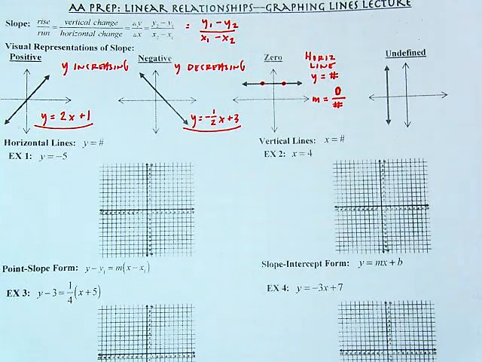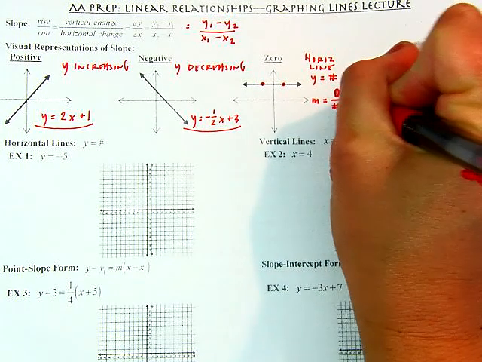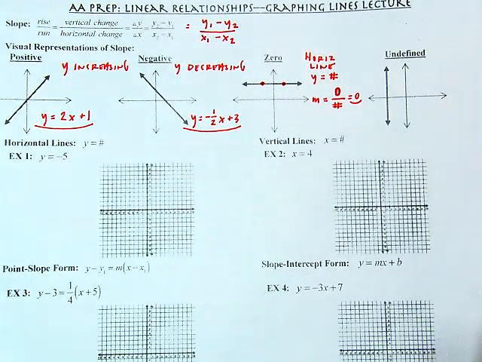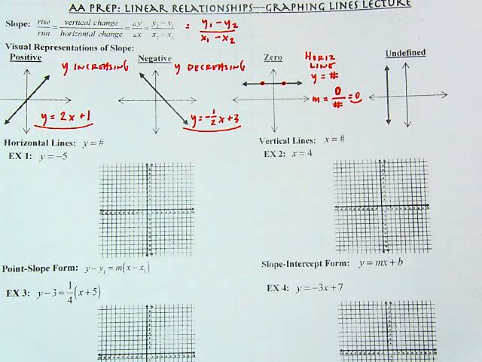Whenever I have 0 on the top, that's going to simplify to be just 0. So any horizontal line will always give us a slope of 0. It's saying that there is 0 vertical change, but there's a lot of horizontal change. So there's 0 rise, but there's a lot of run, and that will simplify to be 0.